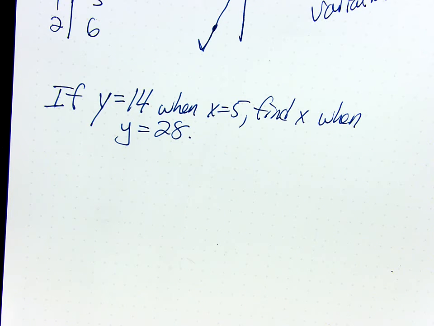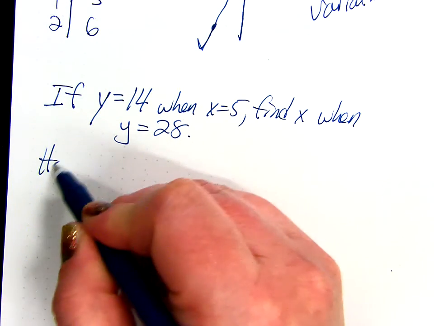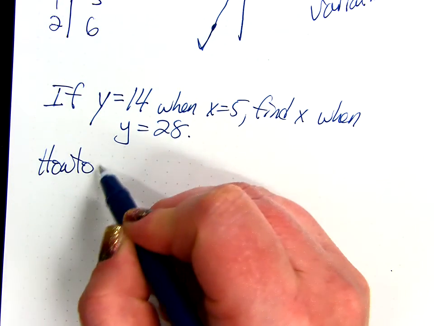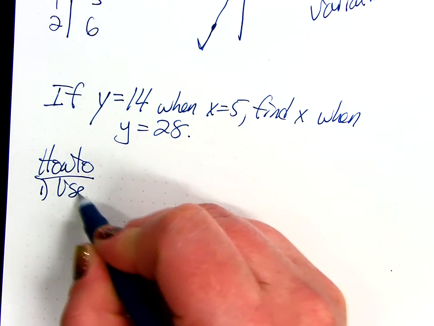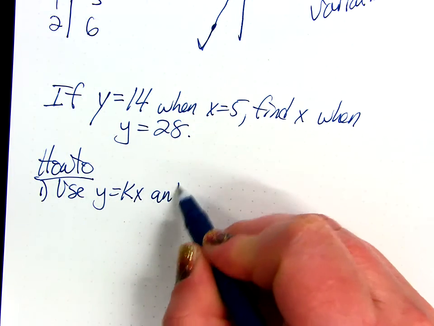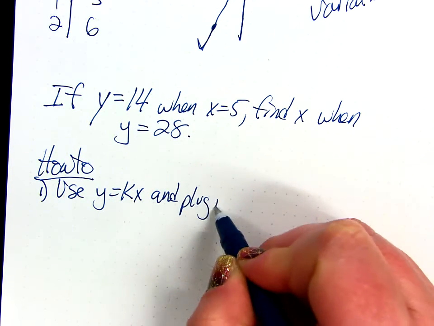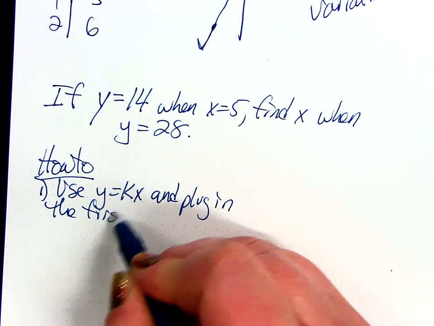I'm going to give you some step-by-steps here. It's really not bad once you get the hang of it. So, how to? Step 1. Use y equals kx and plug in the first x and y given.